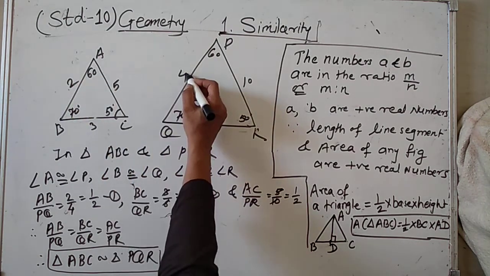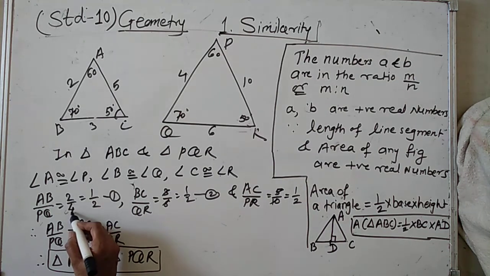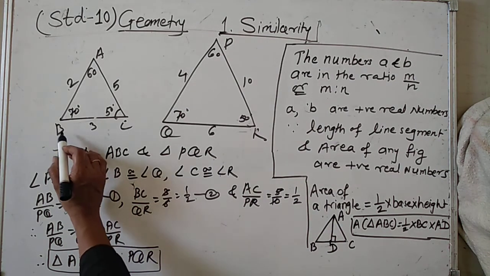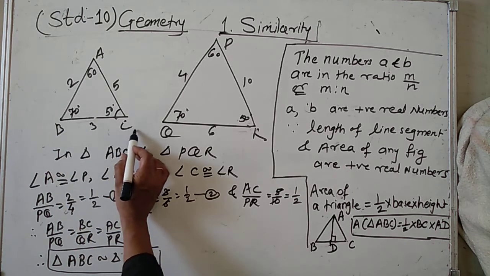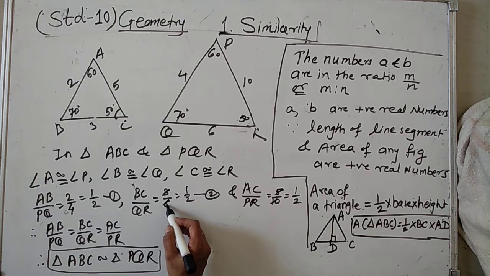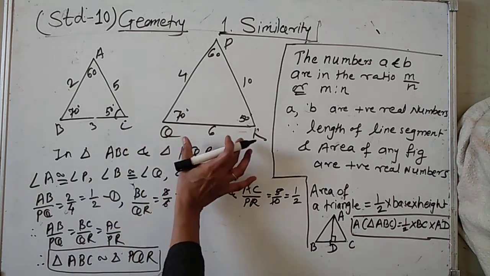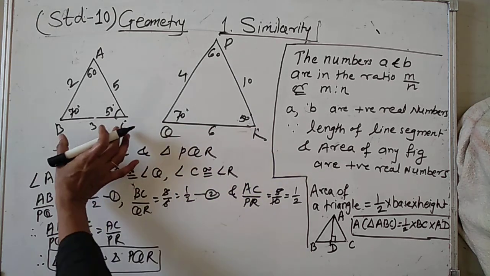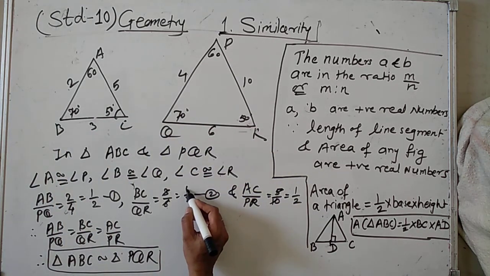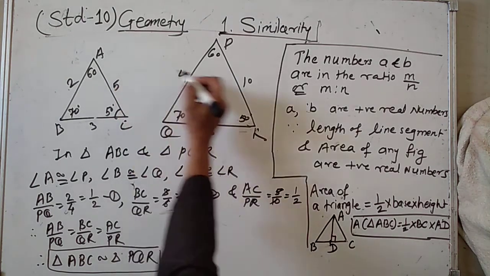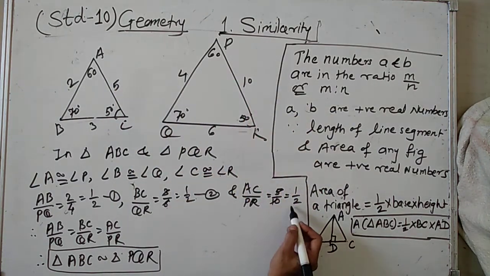2 1 are 2, 2 2 are 4. So the reduced form is 1 upon 2. Similar is the case here: side BC and side QR are also in the ratio form, 3 1 are 3, 3 2 are 6. That is, the side QR of triangle PQR is double the side BC. 3 1 the 3, 3 2 the 6, 1 upon 2, and the same is the case 5 1 the 5, 5 2 the 10, that is 1 upon 2.